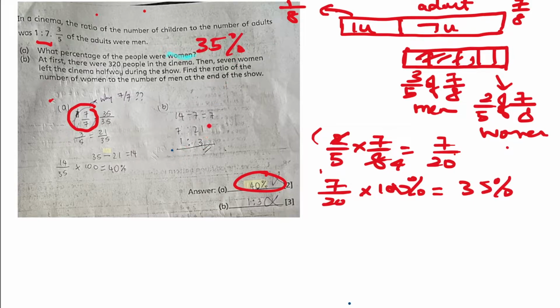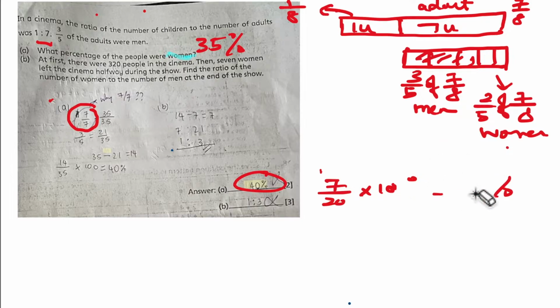Okay, then it moves on to tell you the total number of people in the cinema. Okay, let me write this away. Total number of the people in the cinema is actually here.